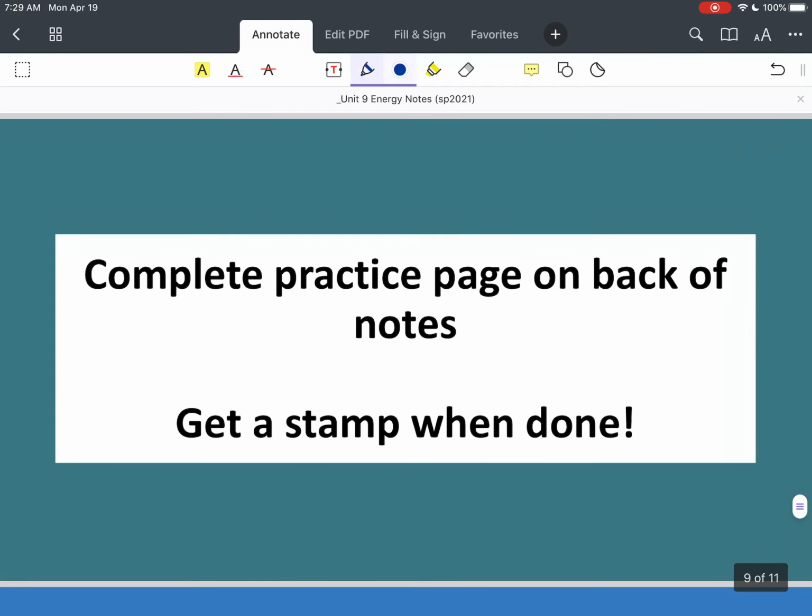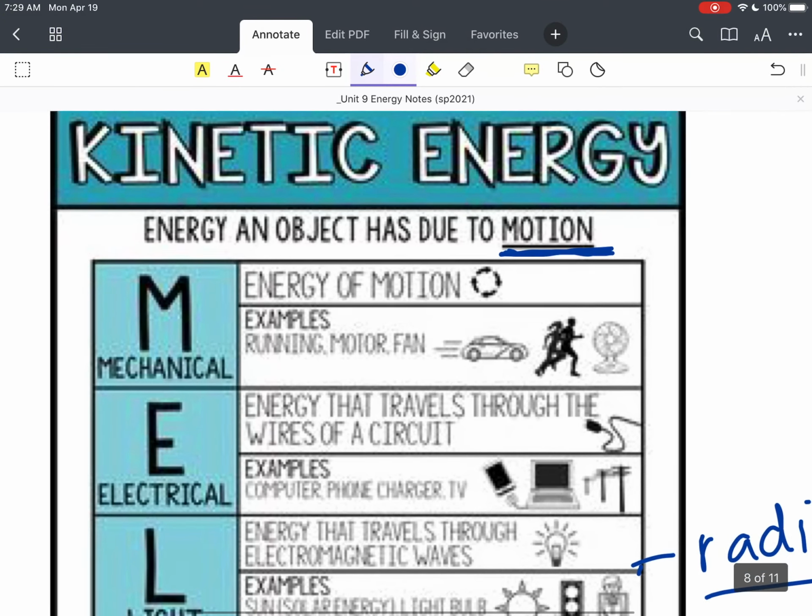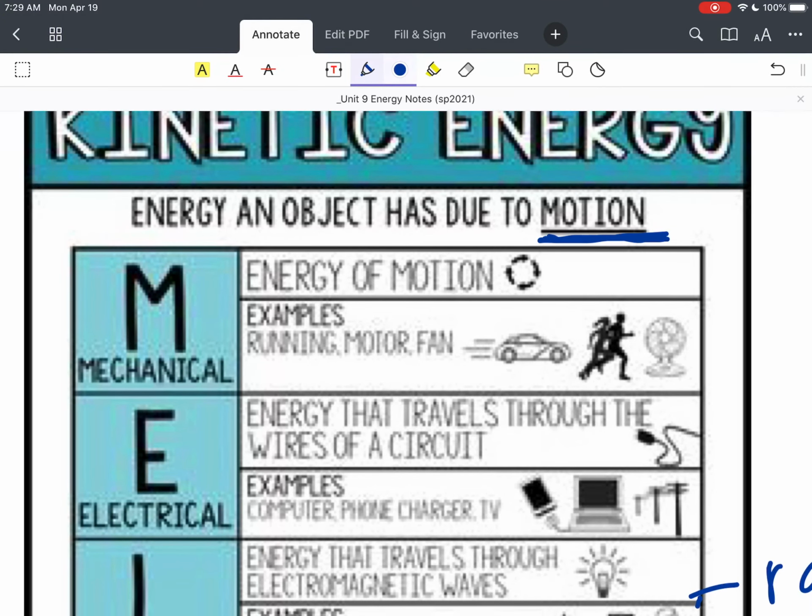So now that you're done with the notes, actually let me go back to mechanical. Sorry, I forgot to go back to that. Mechanical energy is a little different because we can sometimes group potential in with kinetic energy and call it mechanical energy. Usually we're talking about objects that move.